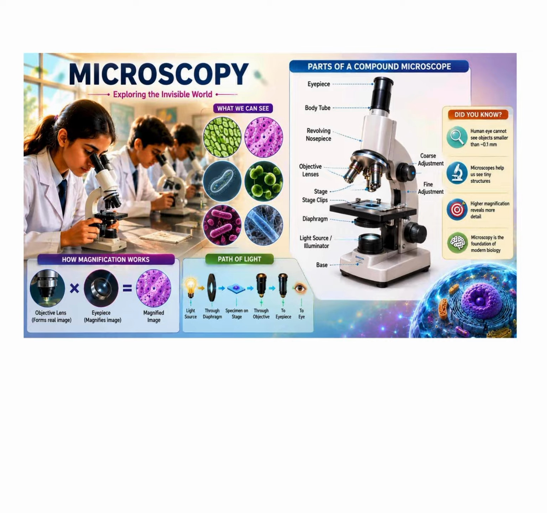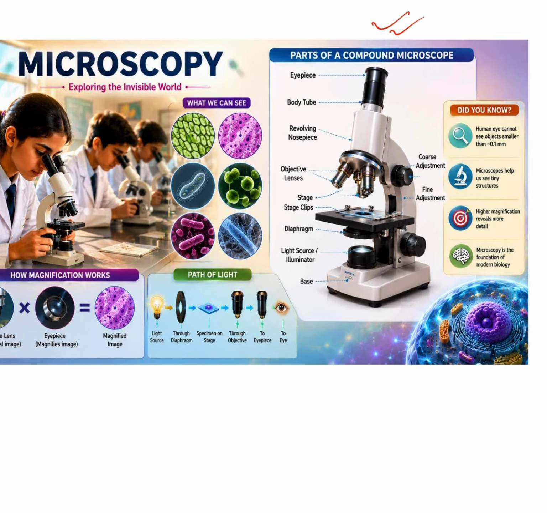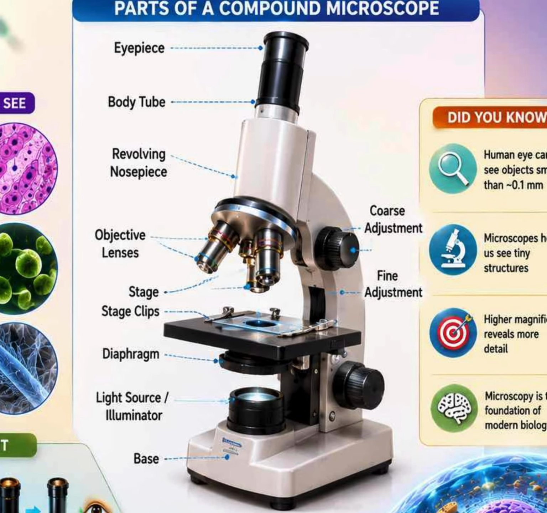But nowadays we have seen microscopes in our school, the compound microscope. Various magnification powers are also present. If you look carefully, you can see the various parts of the microscope, right?